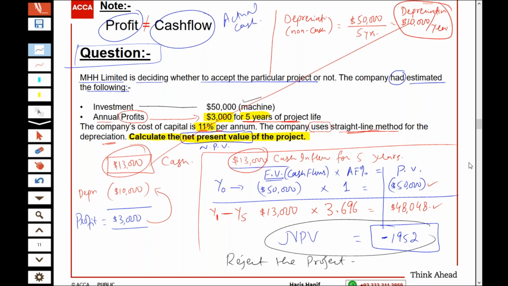When it is an annuity, you have to use the annuity table. Yes. Yeah, sure.